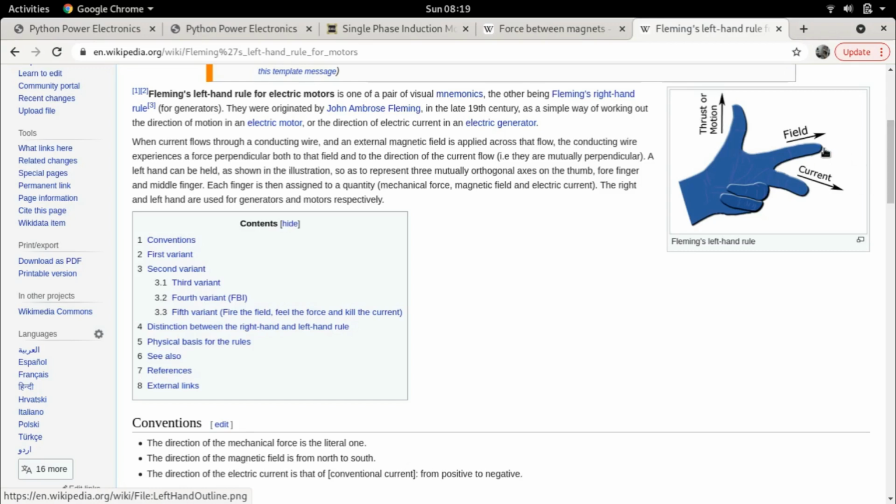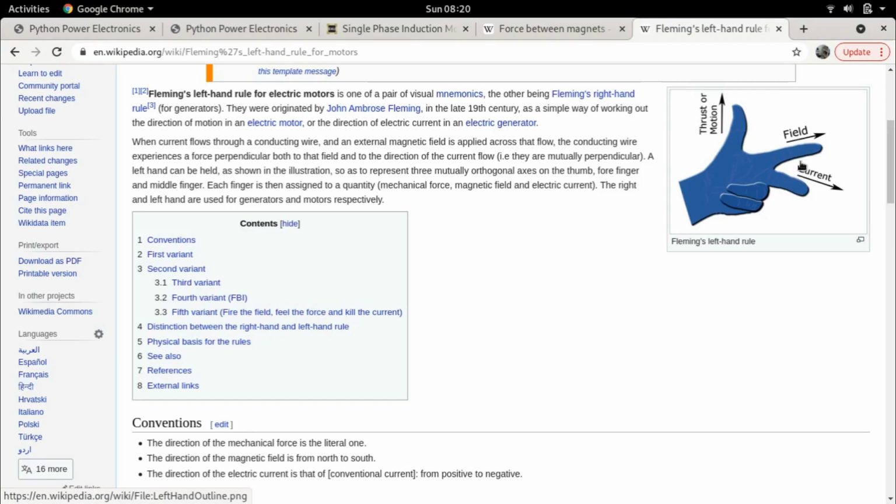The forefinger is pointing in, let's say, one direction, maybe from the left to the right. In that case, the middle finger is pointing towards you. If you hold your left hand in such a manner, these are the directions in which the three fingers must point. It's very important that all three fingers must be at 90 degrees to each other.